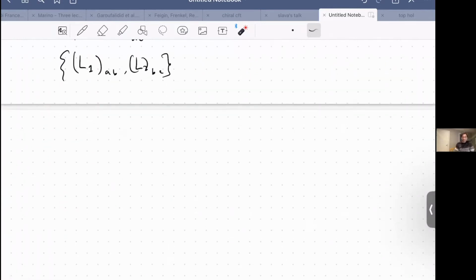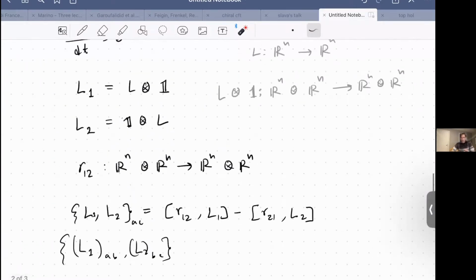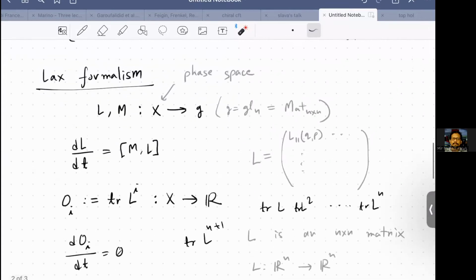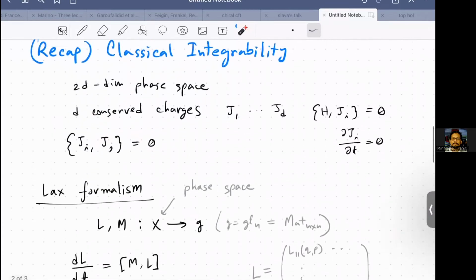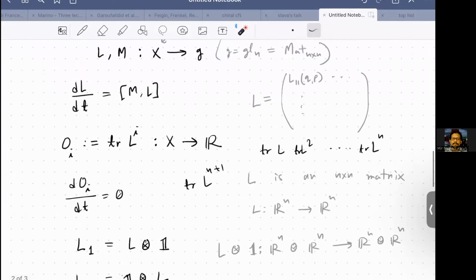Okay, so before we do that, are there any questions about this formulation? I have a very trivial question. So in the Liouville formalism, J1, J2, those were conserved charges, right? Yes. So what should I think about this L1 and L2 you are defining? These are also conserved charges, right?